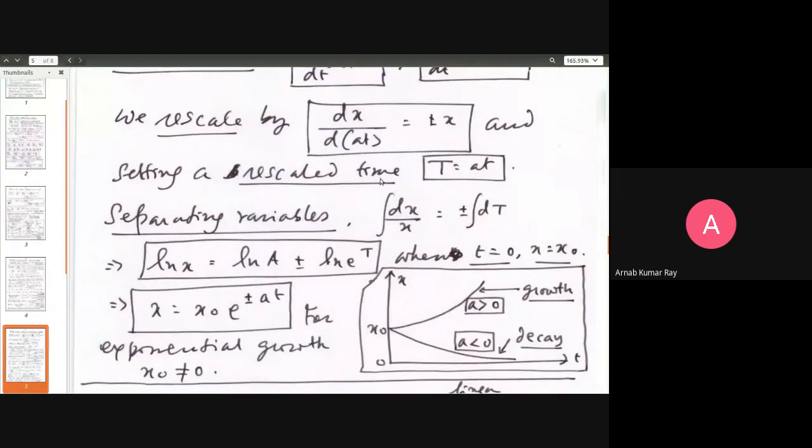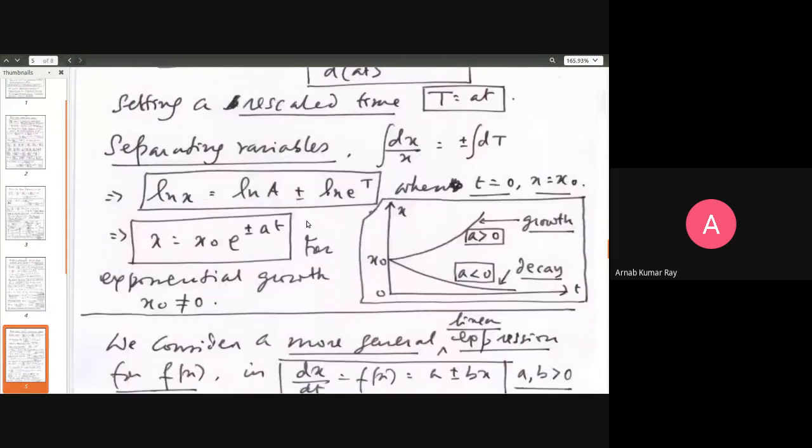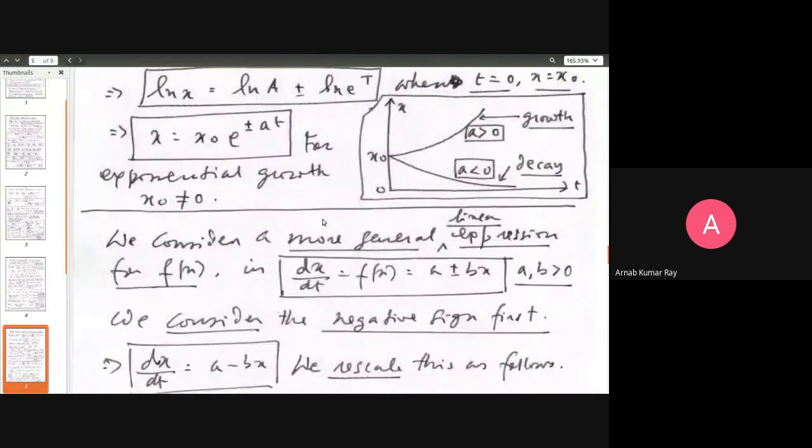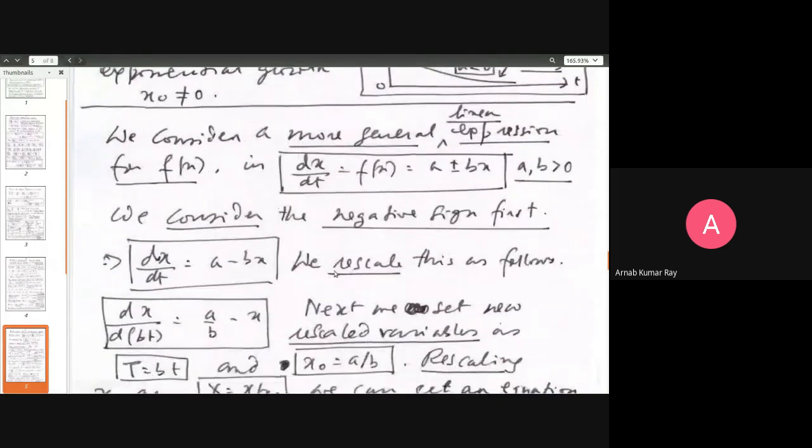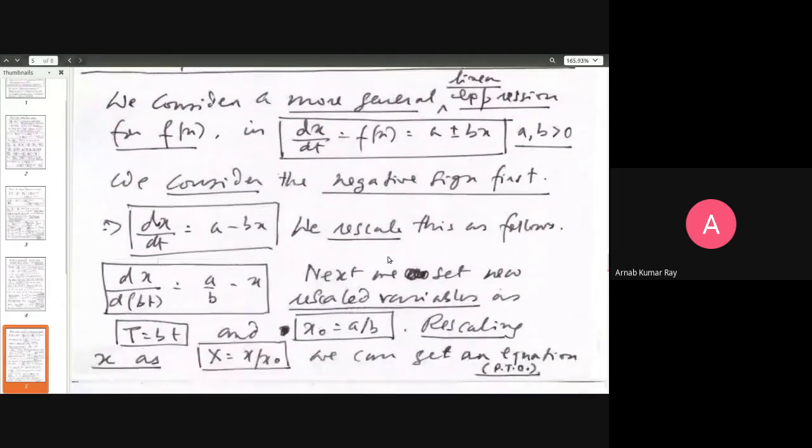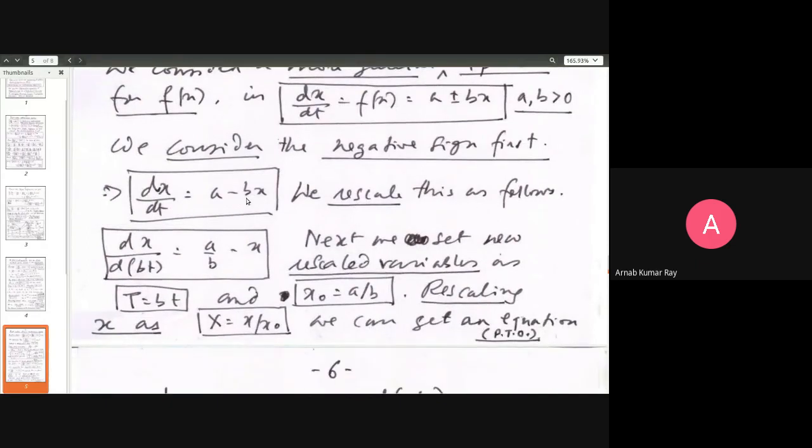What we did was to rescale the equation and separate the variables, right? So we are doing the same thing over here. We are rescaling this equation and separating the variables. And the principle is still the same, except that the system has become slightly more complicated. So dx dt is equal to a minus bx. So what do you do? You divide throughout by a. I'm sorry, throughout by b.